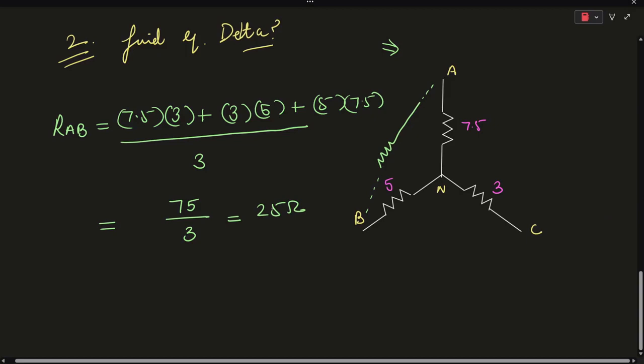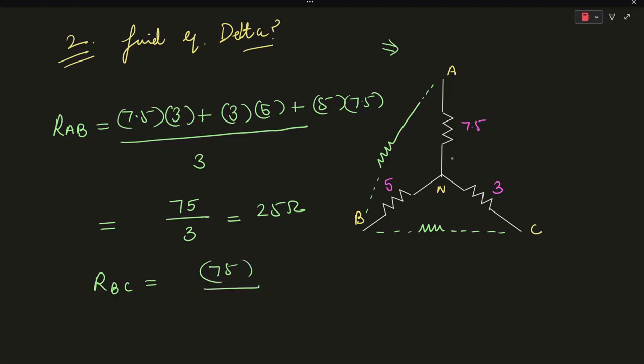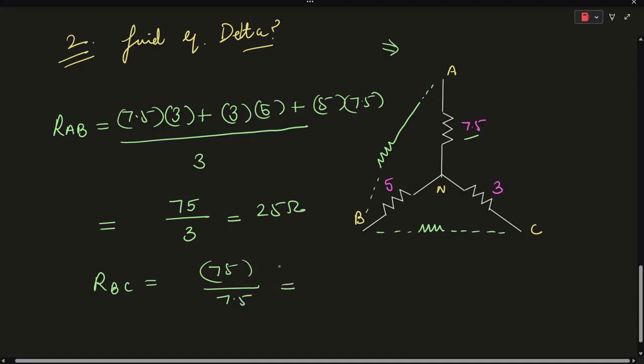Similarly, RBC will be equal to 75 upon the resistance which is opposite to it, which is 7.5. So the value of RBC is coming out to be 10 ohms.